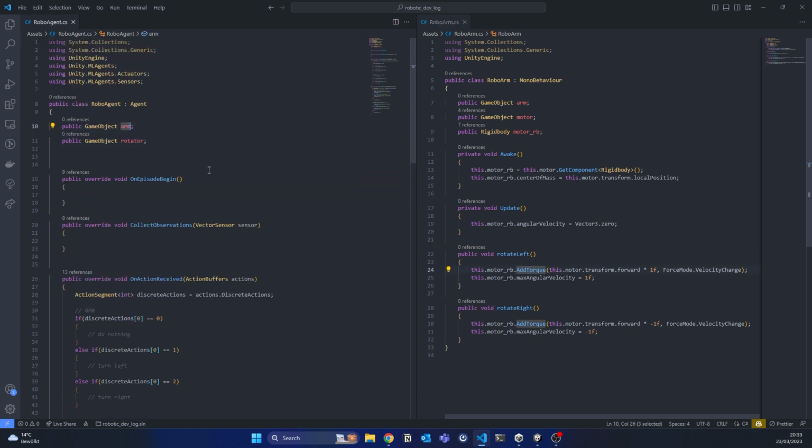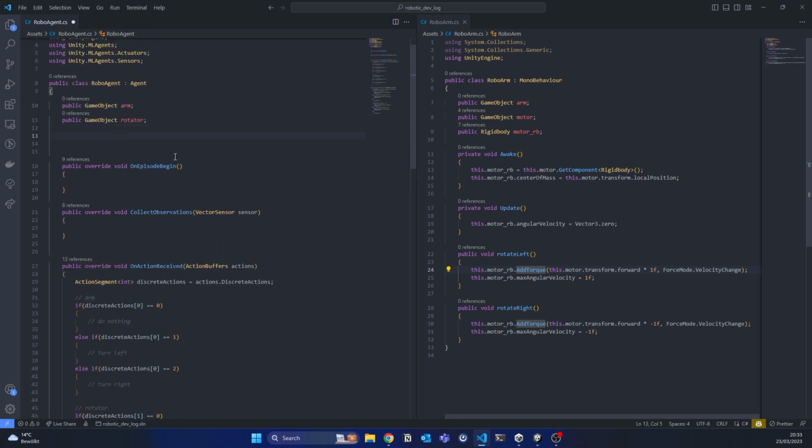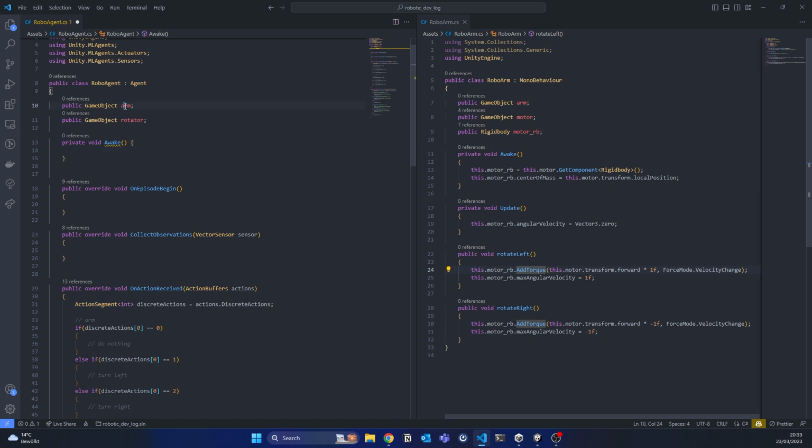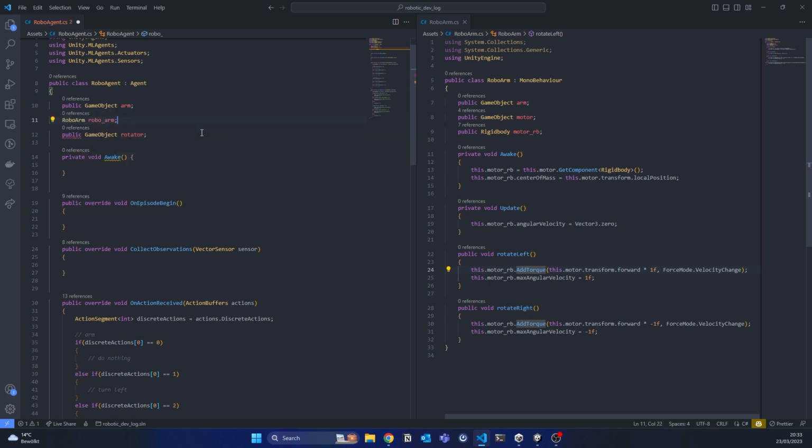So for our arm here we can go in and say, well, first of all, I guess we're also gonna have an Awake, and we will be saving the robo arm. This dot robo arm equals this dot arm dot GetComponent RoboArm.